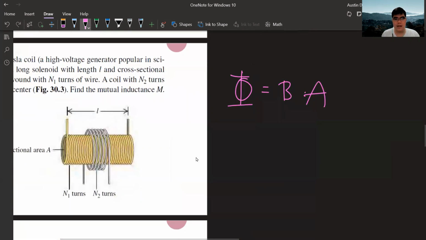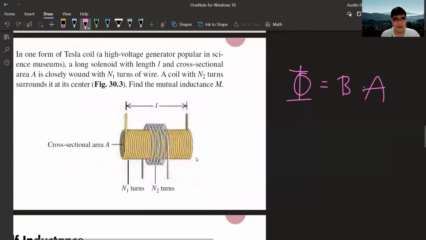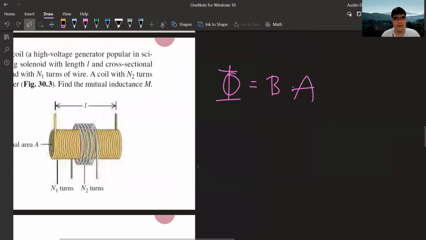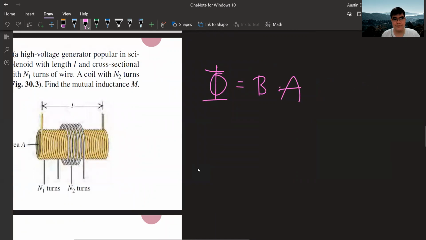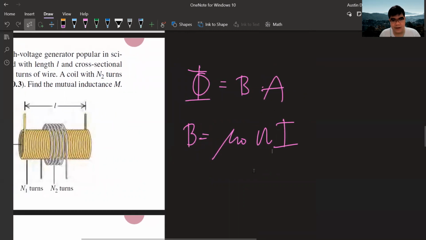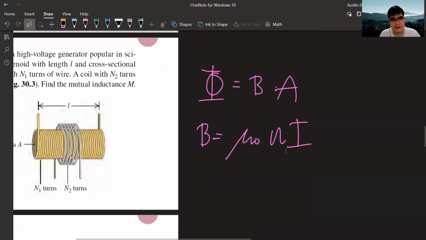Okay? And then alam natin na pag solenoid, B is actually mu naught n I. Okay? So the magnetic field is dependent on the number of turns per unit length times the current. Okay, and then the mu naught constant.